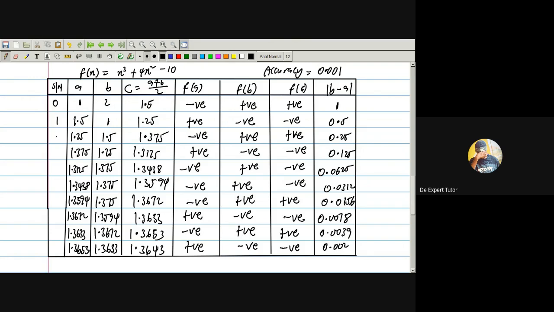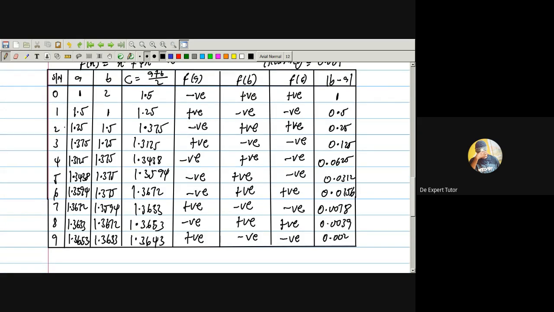This first part is just for us to know where the root lies. Then from there we start iterating. If you don't want to put 0 here, just start putting 1, but doing it this way is fine. You observe that it does not contradict your number of iterations.